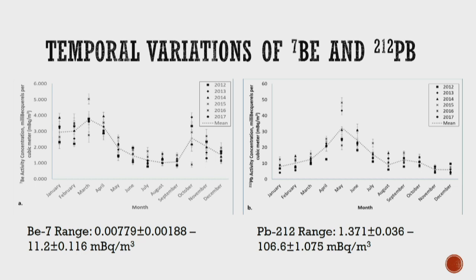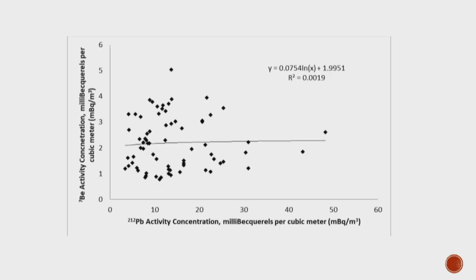For lead-212, on the other hand, we see a different trend, in the sense that we see high concentrations occurring between April to June, which coincides with the warm, dry summer season in the Philippines. And concentrations range from 1.3 to 106 millibecquerels per cubic meter.